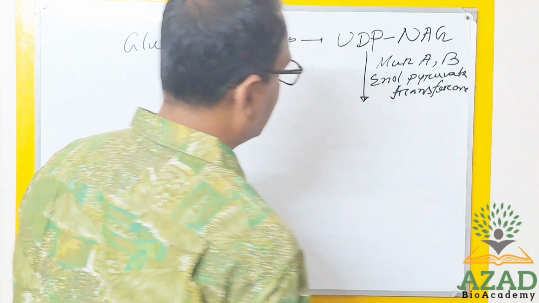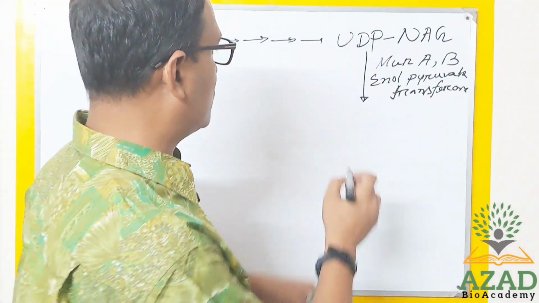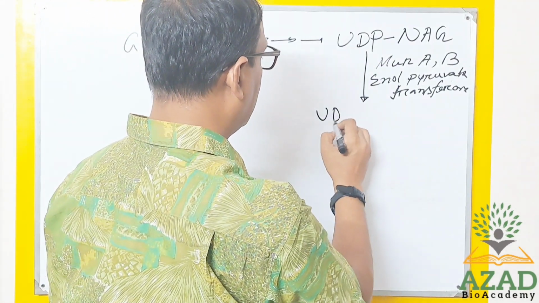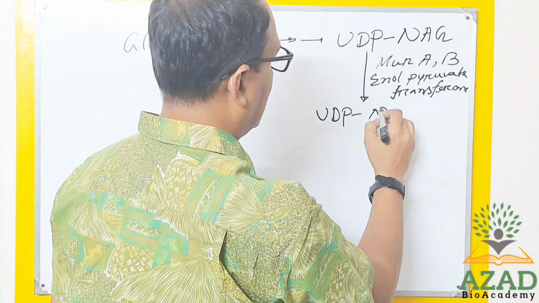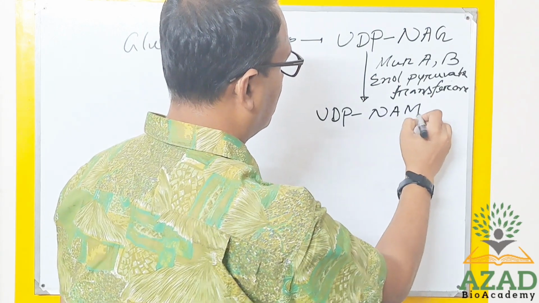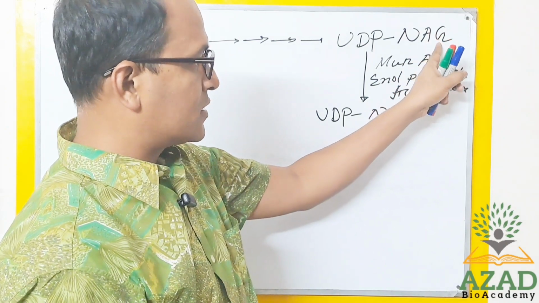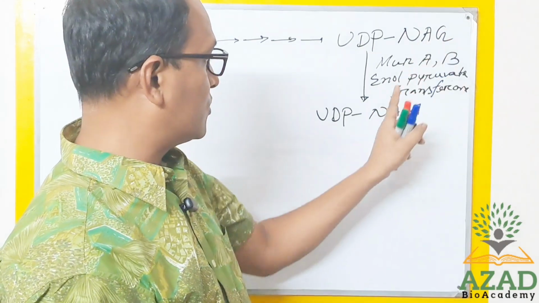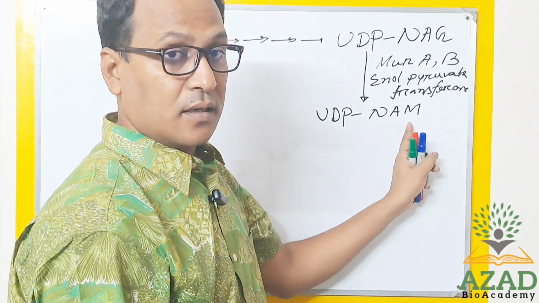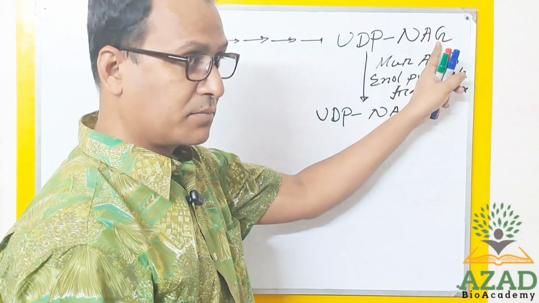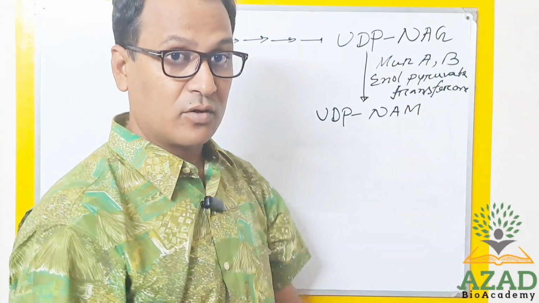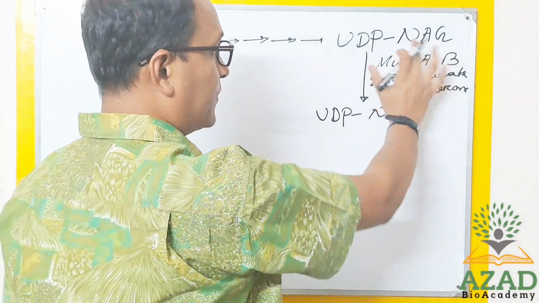Okay, that enzyme will work on it, and it will turn into UDP N-acetylmuramic acid. That means N-acetylglucosamine will be converted into N-acetylmuramic acid with the help of the enzyme.